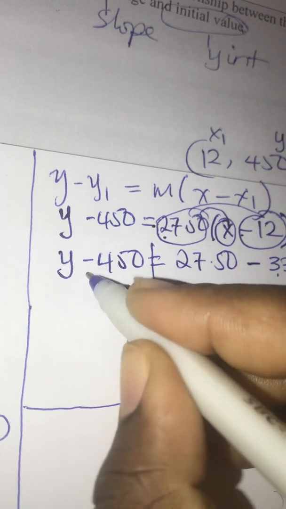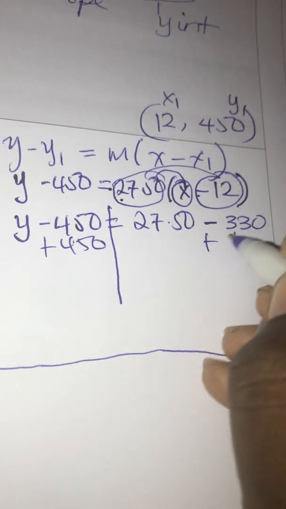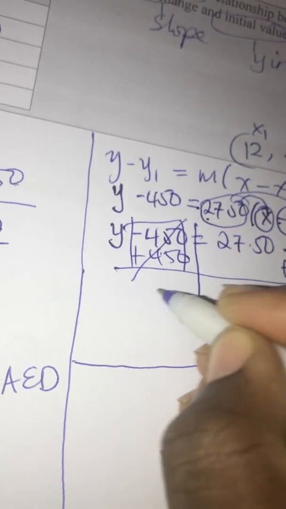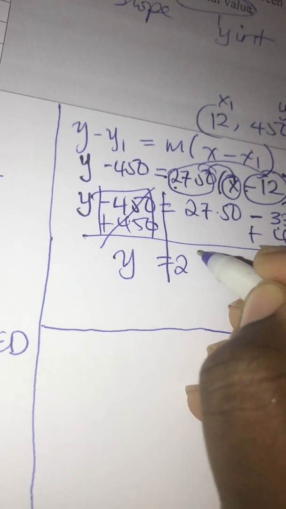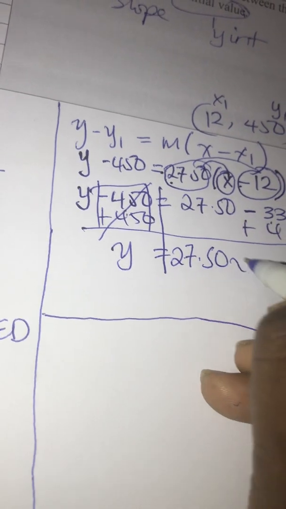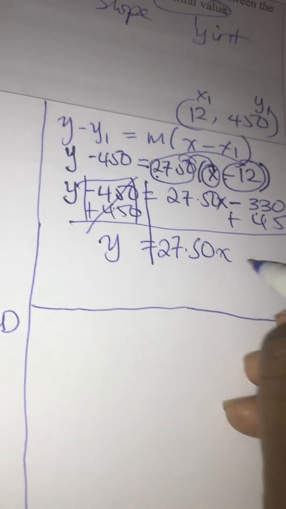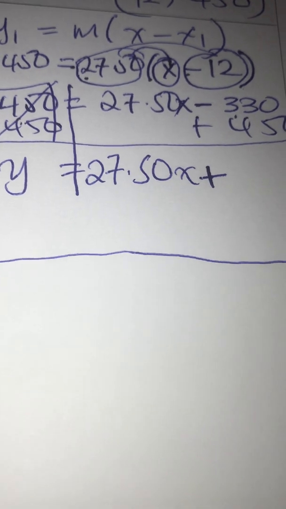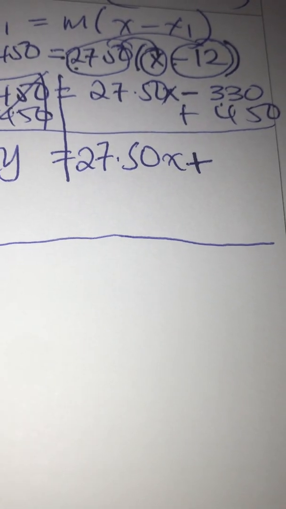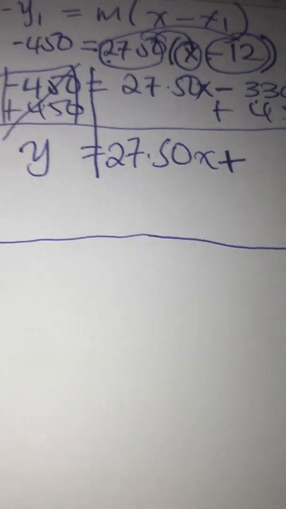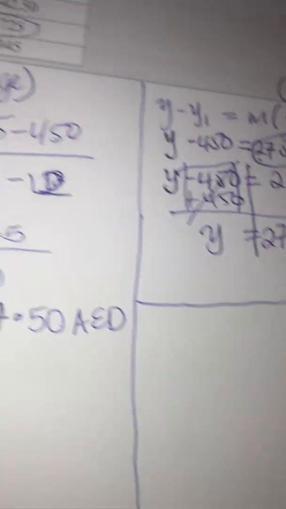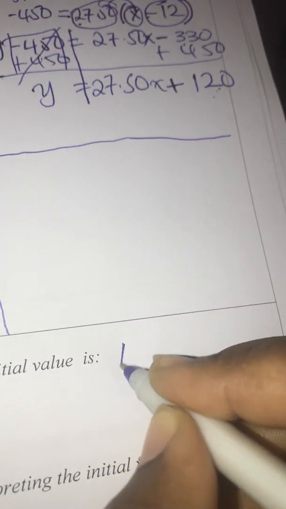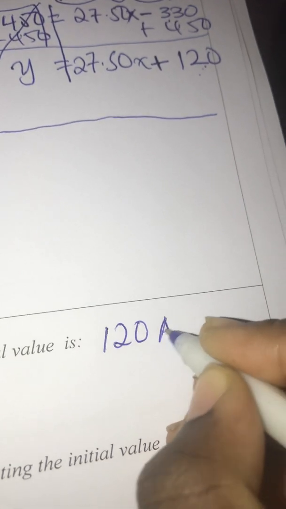I do my bridge, plus 450 on both sides. y equals 27.50x plus 450 minus 330. 450 minus 330 is 120. So there, this is my y-intercept. So my initial value is 120 AED.